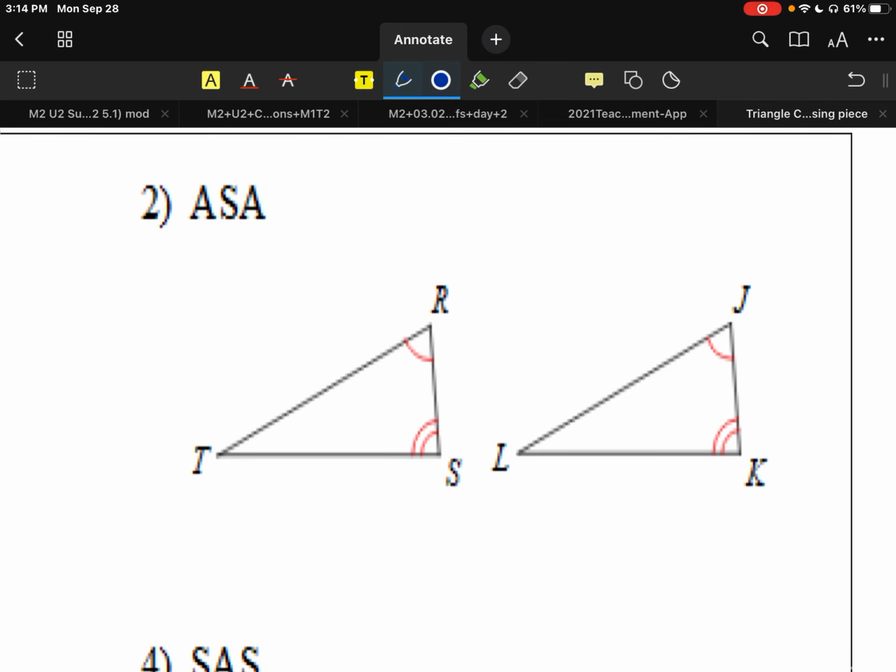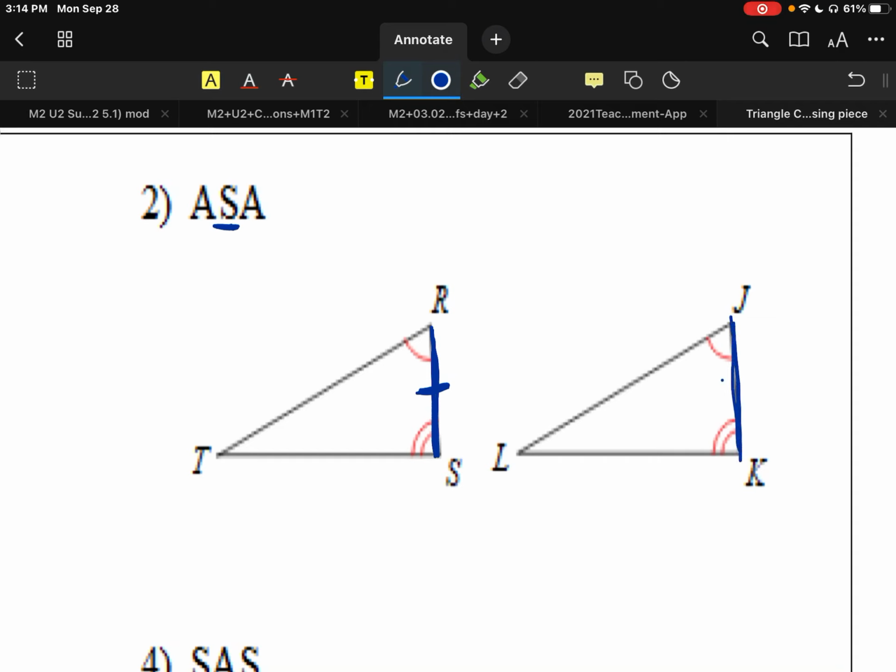Number two, I need angle, side, angle. I need the side to be in the middle, and it looks like that's the thing I'm missing. The side that's in between the angles needs to be touching both angles. So this side right here. I'm going to mark it with a different color than what the angles are marked.